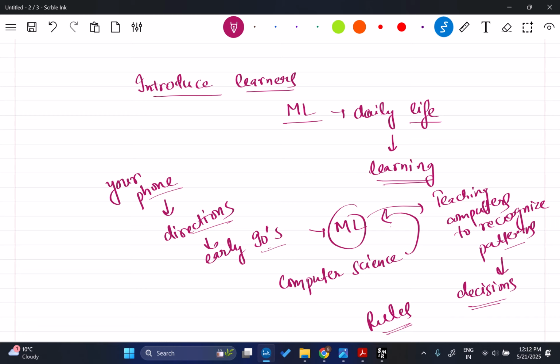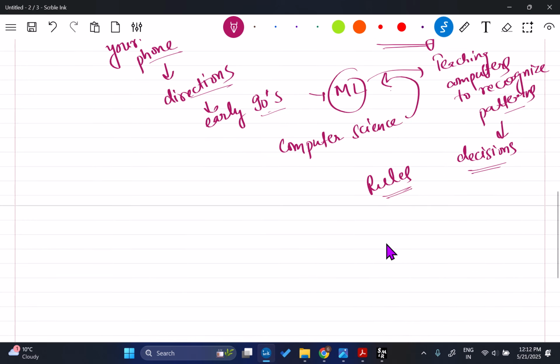There, we specify the steps, we take the input from the user, and we specify the steps to reach a specific output for solving a particular problem. But in ML, we do not write rules. We provide the data, and the machines figure out those rules on their own.